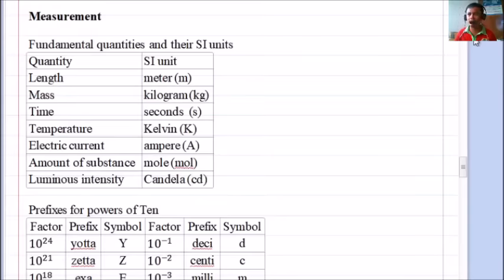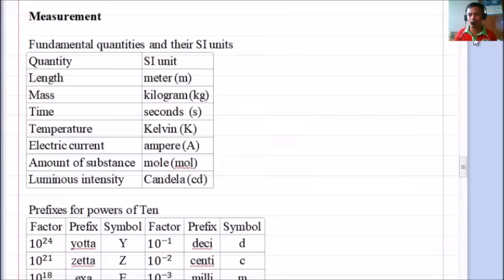Then, yung time naman, pagdating naman po sa mga events. Temperature, so that is what we call, it measures the hotness or coldness. Electric current, so this is the rate of flow of the electric charge, or the electrons.